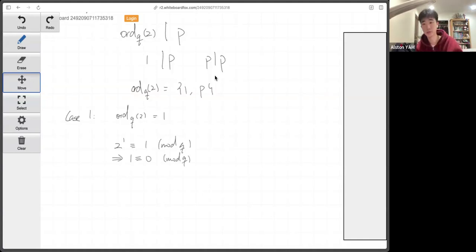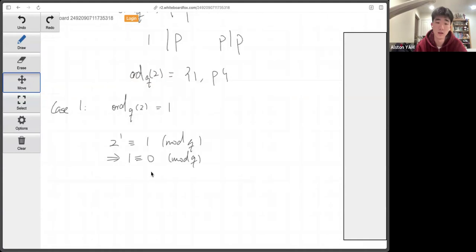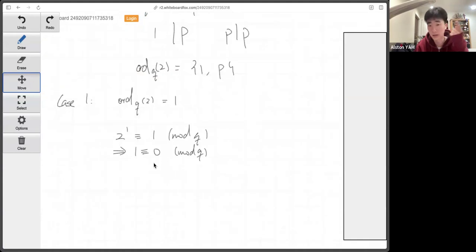And that is the same situation as previously. So if 1 is congruent to 0 mod q, then that forces q to be 1. But we know that q is a prime. So that is a contradiction. So this case cannot happen, right? The order of 2 with respect to q cannot be 1.